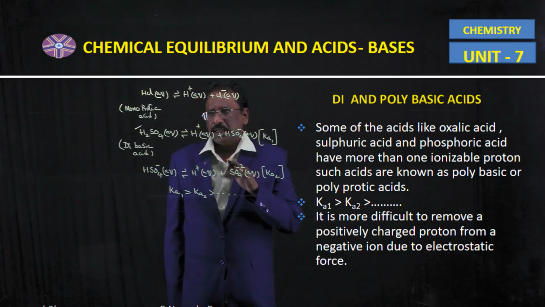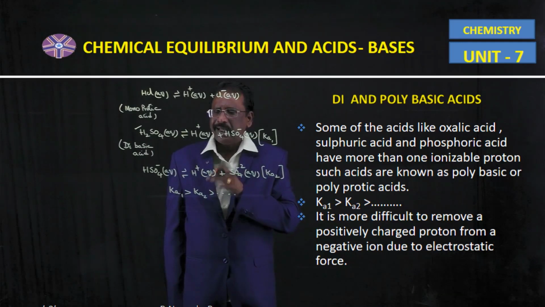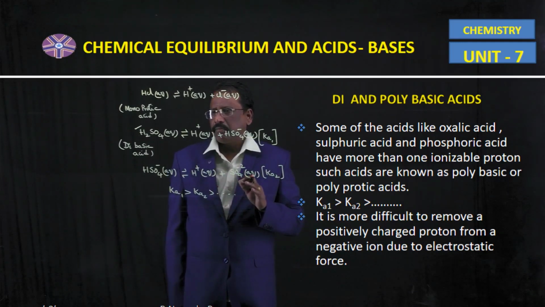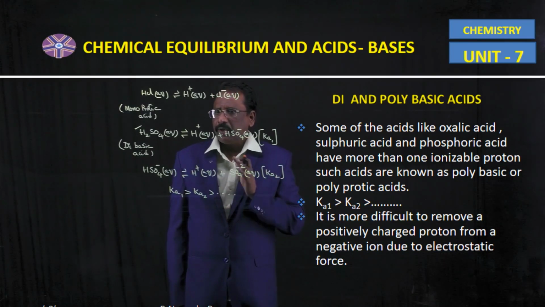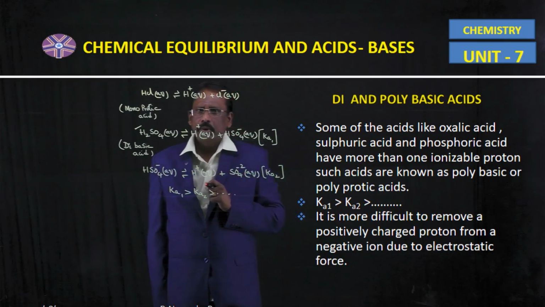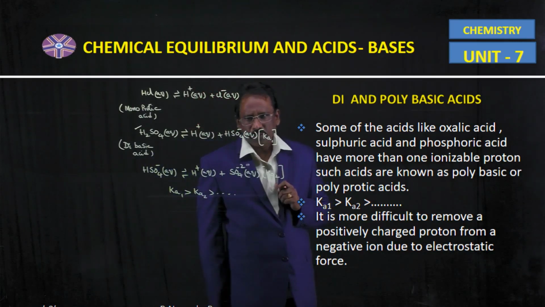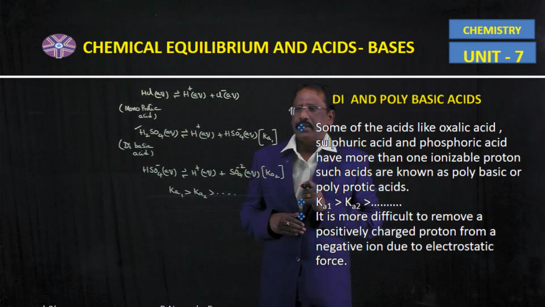That's why in the case of diprotic acids, Ka1 is more than Ka2. In the case of triprotic acids, Ka1 is more than Ka2 and Ka2 is more than Ka3. So sulfuric acid possesses 2 different Ka values.